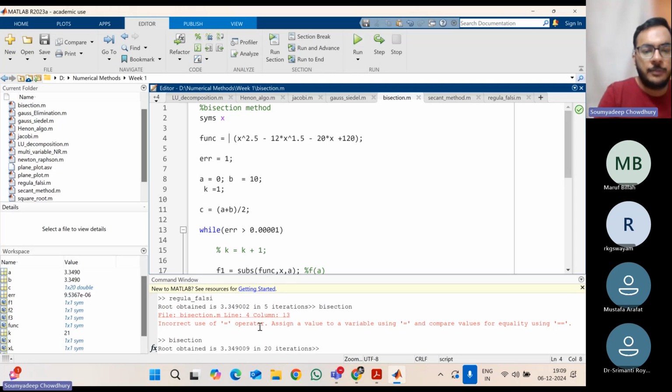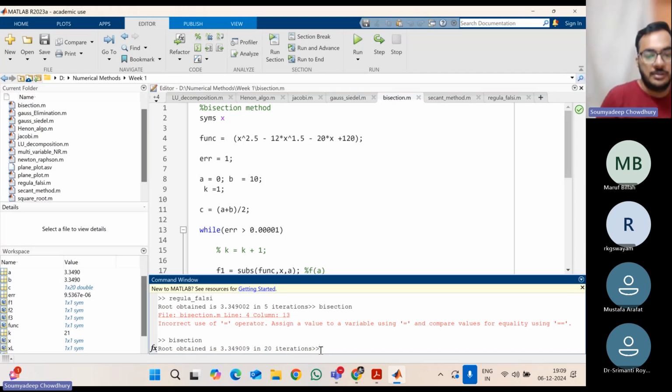So you can see here the root obtained is almost the same, but the bisection method is taking 20 iterations.